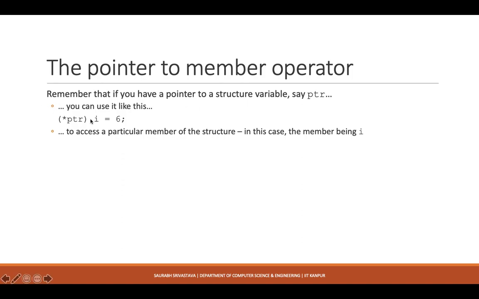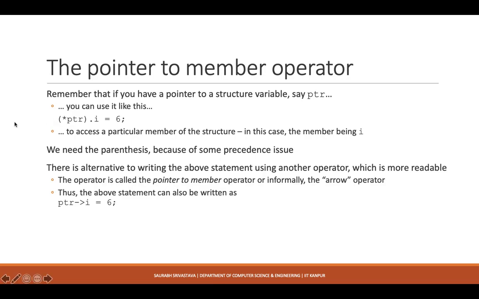And then if you want to access a particular member within that variable, this is the syntax: put asterisk ptr in parentheses, then dot, and then i is the member variable. We need these parentheses because of certain precedence issues, right? We know that the asterisk has lower precedence than the dot, and so if I want this to be evaluated first, it has to be put inside parentheses.